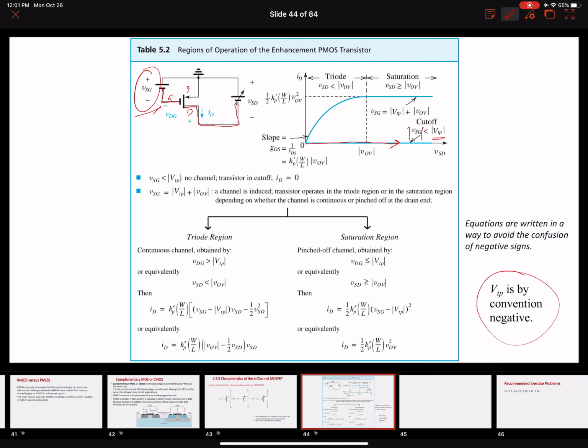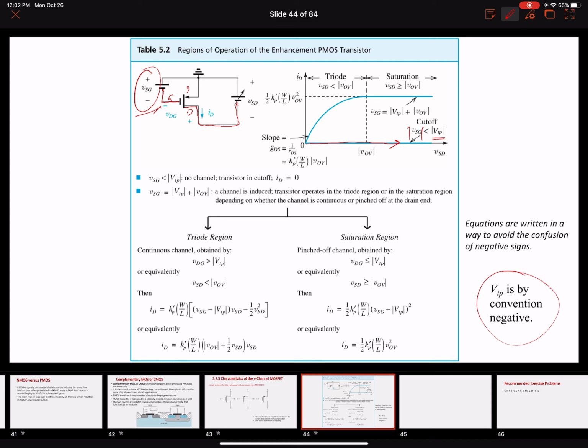VTP is by convention negative. As soon as the mod of the source to gate voltage is more than the threshold voltage, a channel is induced, and with application of the source to drain voltage, a current will flow.